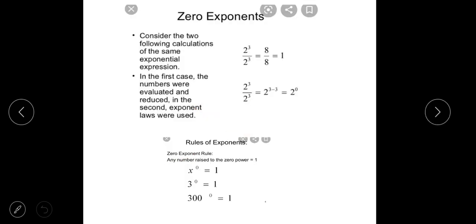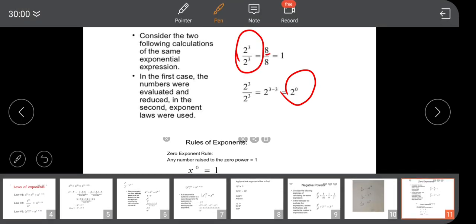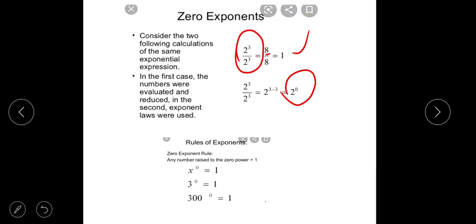Now we discuss the next point. Zero exponent. So when the exponent comes as 0, look at this, 2 raised to 0 now. Look at these two expressions, same expression. In the first case we do the usual method, 2 raised to 3 by 2 raised to 3, that is 2 cube by 2 cube. 2 cube means 8, right? 8 divided by 8.